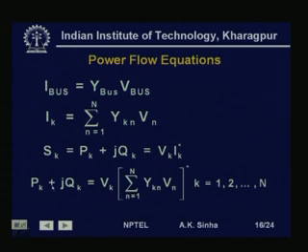So, we can write Pk plus jQk is equal to Vk into the conjugate of the term for Ik, and this can be written for all the bus bars, that is, k can be from 1 to N. So, the real and reactive power injection at any bus k can be written in this form.